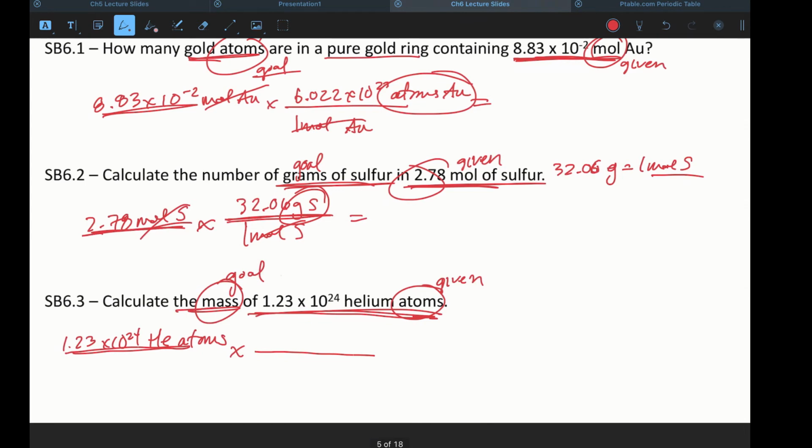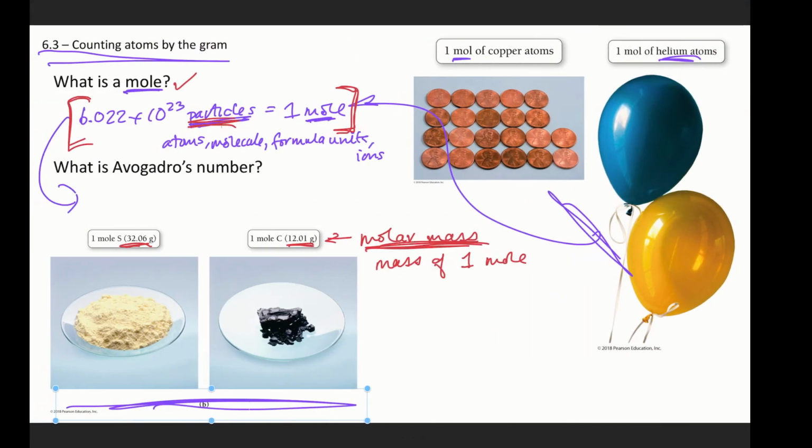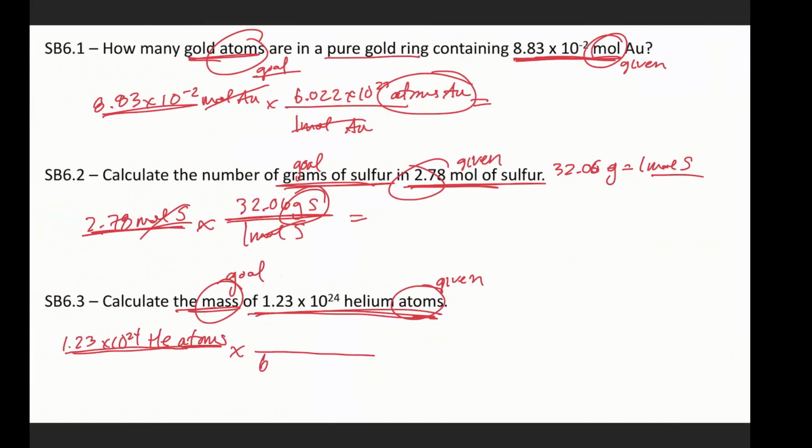So anyway, atoms is down here, which means if I think about Avogadro's number, my particle unit needs to be on the bottom, right? So 6.022 times 10 to the 23rd atoms of helium is equal to 1 mole of helium.